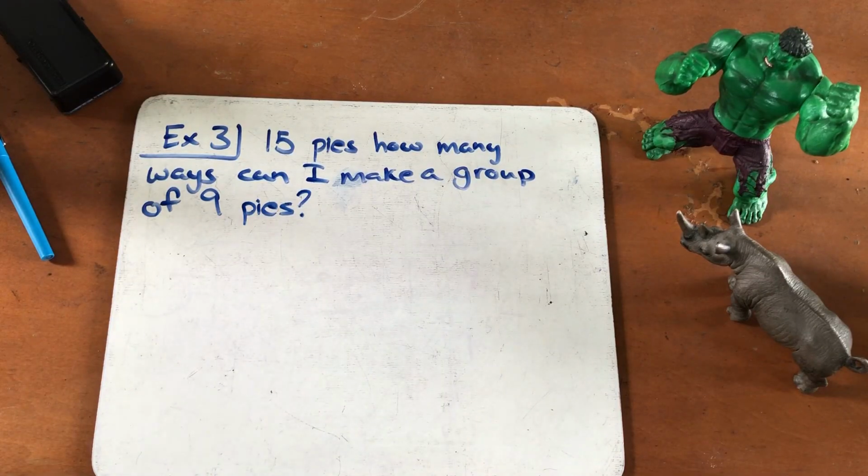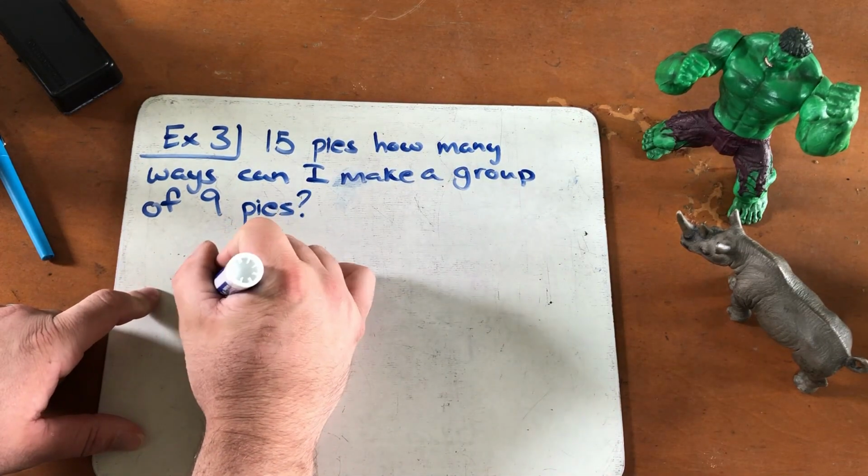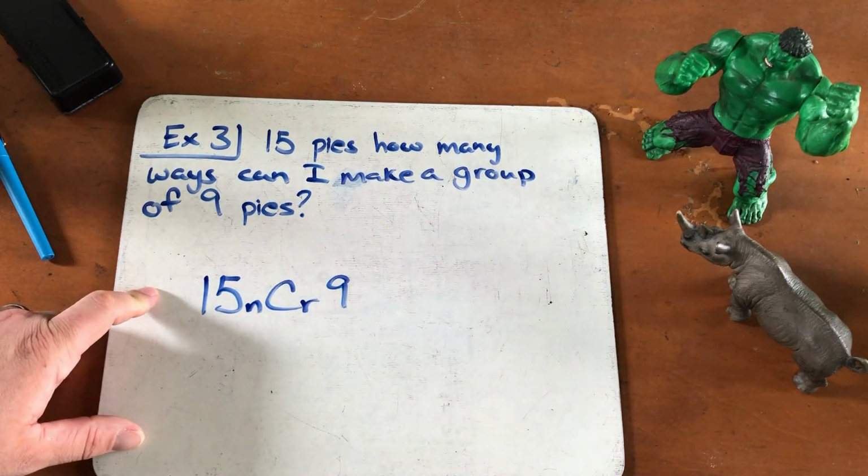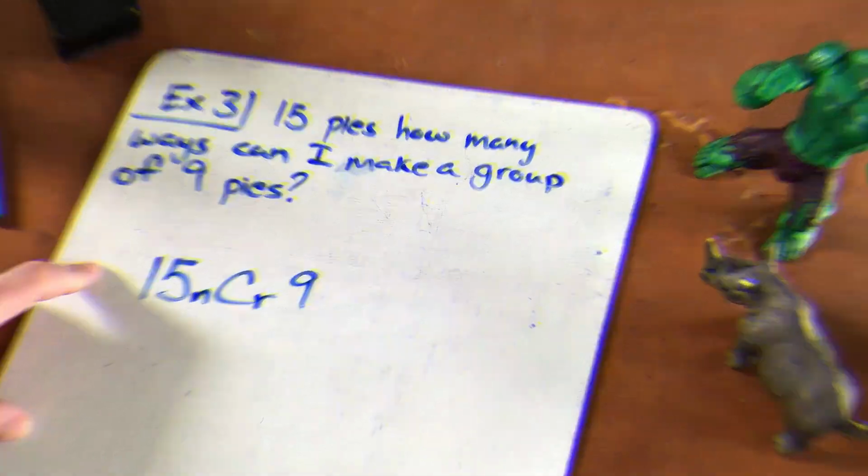Next one, I got 15 pies. How many ways can I make a group of 9 pies? Once again, just making a group. There's no way to designate that order matters, so I'm using nCr. It is a combination. Big number gets listed first, 15 nCr 9. Once again, I'm going to show you how it looks in Desmos.